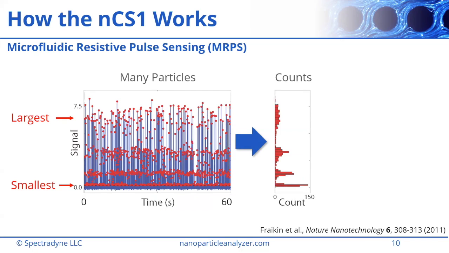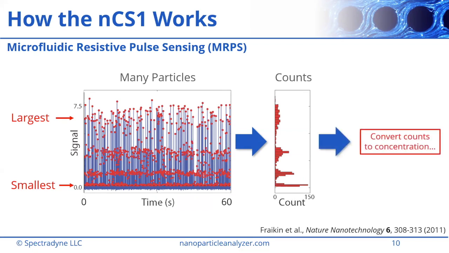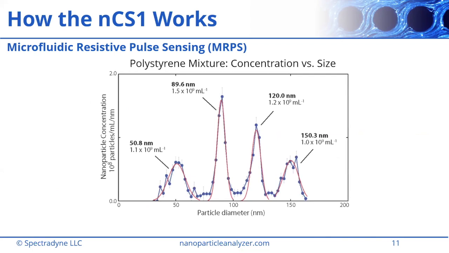That means we can convert these counts to absolute concentration, so the number of particles in a given size range per volume of sample. And so this is what the results of that particular sample measurement are. This sample was a mixture of polystyrene beads, 50, 90, 120, and 150 nanometers in diameter.